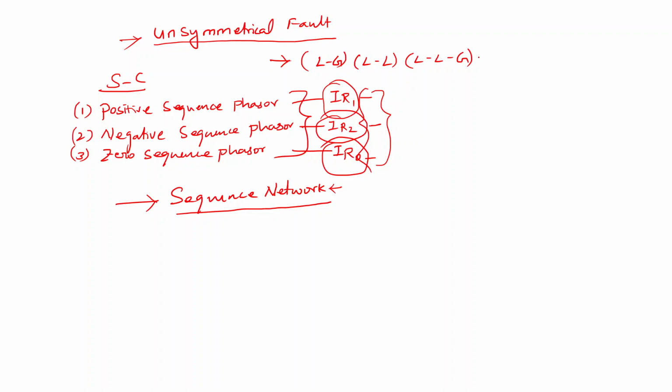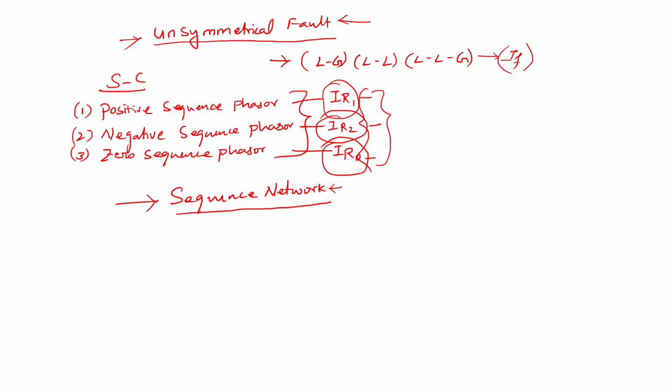Because of the unsymmetrical current distribution, finding the fault current IF at the fault location is a little bit complicated in unsymmetrical fault problems, as we discussed in the first class of the third module.